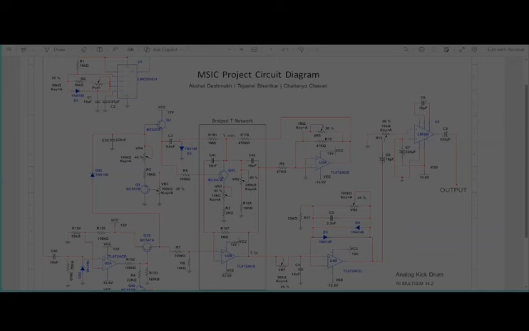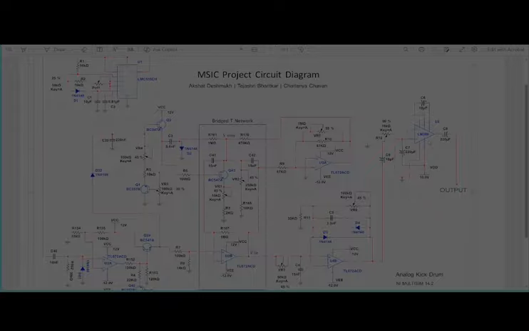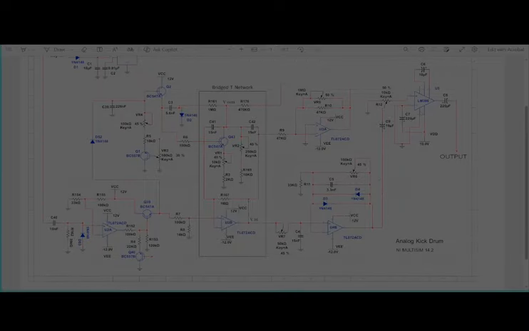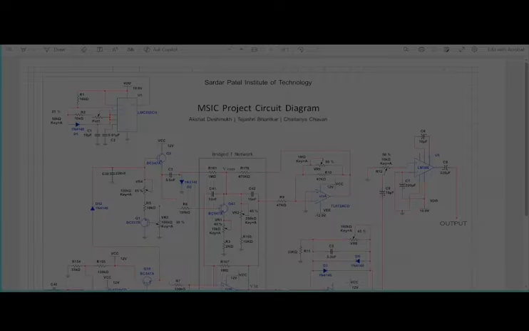Here, as you can see, this is the part where the amplification is happening. Now, why is it actually required? See, the kick drum output signal coming from here is relatively weak and cannot directly drive a speaker, or the output is too faint and weak. So we decided to use a power amplifier IC, which is the LM386, and the kick drum output is connected to the amplifier input through a coupling capacitor.